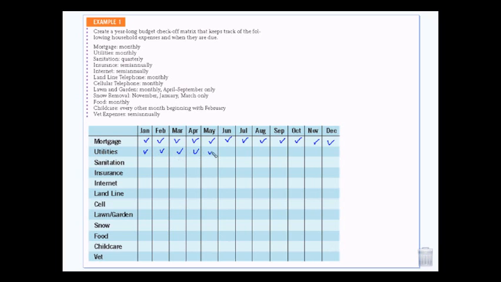So you put a check on every month for that. Sanitation is like garbage and sewer, and that's quarterly. Quarterly happens 4 times a year, so it's every third month. So if we paid it in January, we wouldn't pay it again until April, wouldn't pay it again until July, wouldn't pay it again until October.